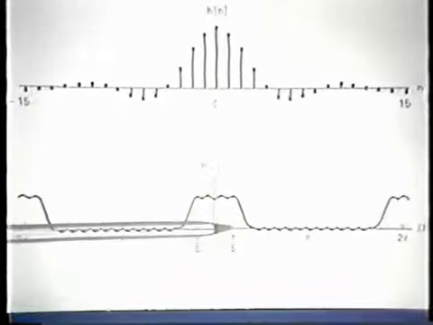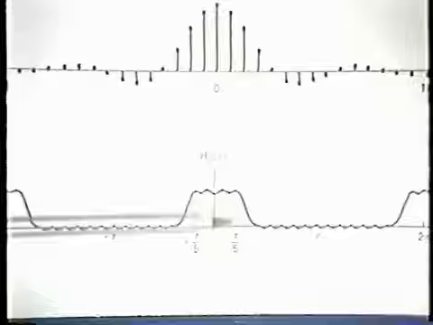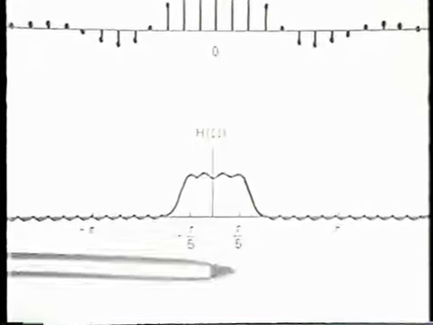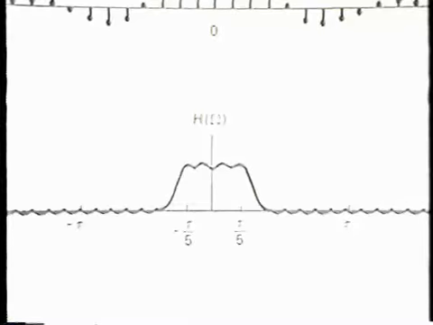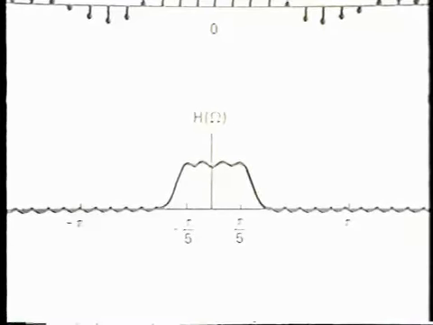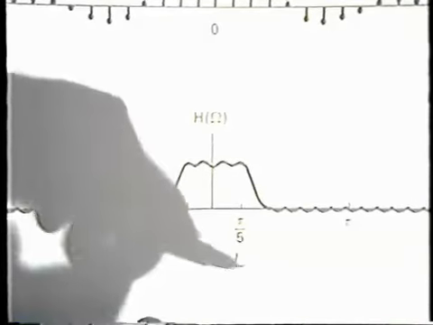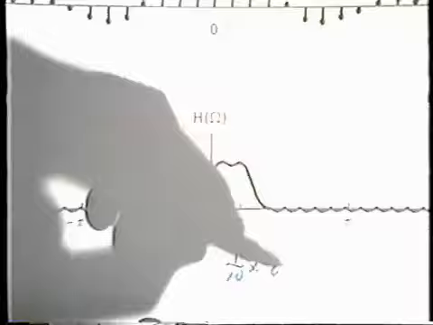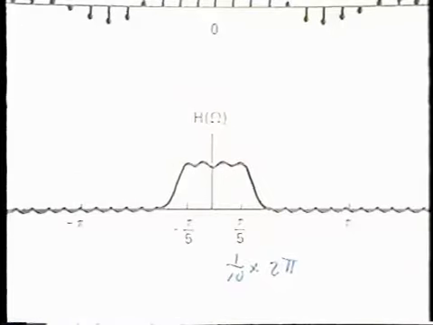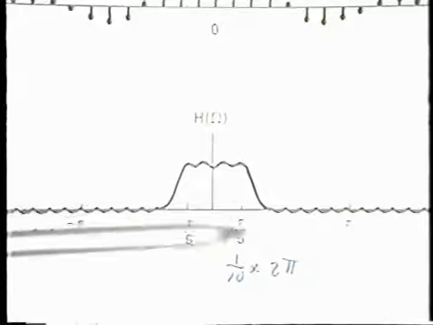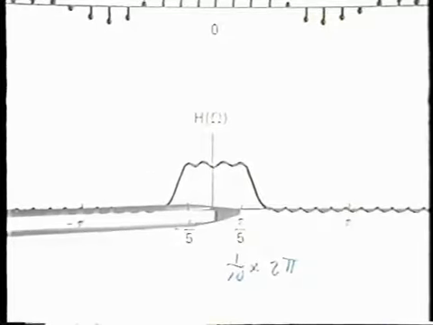The filter was designed as a discrete time filter with a cutoff frequency of pi over 5. And let me just draw your attention to the fact that pi over 5 is also a tenth of 2 pi. So the digital or discrete time filter cutoff frequency is a tenth of 2 pi.